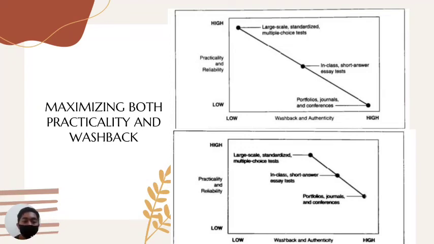The challenge that conscientious teachers and assessors face in our profession is to alter the position of the line. This will be done by efforts to move conventional test formats on the chart to the right, and to extend the practicality and reliability of portfolios, journals, and conferences. The relationship portrayed in the chart will thus push the regression line into the right-hand corner, as portrayed in the second picture.